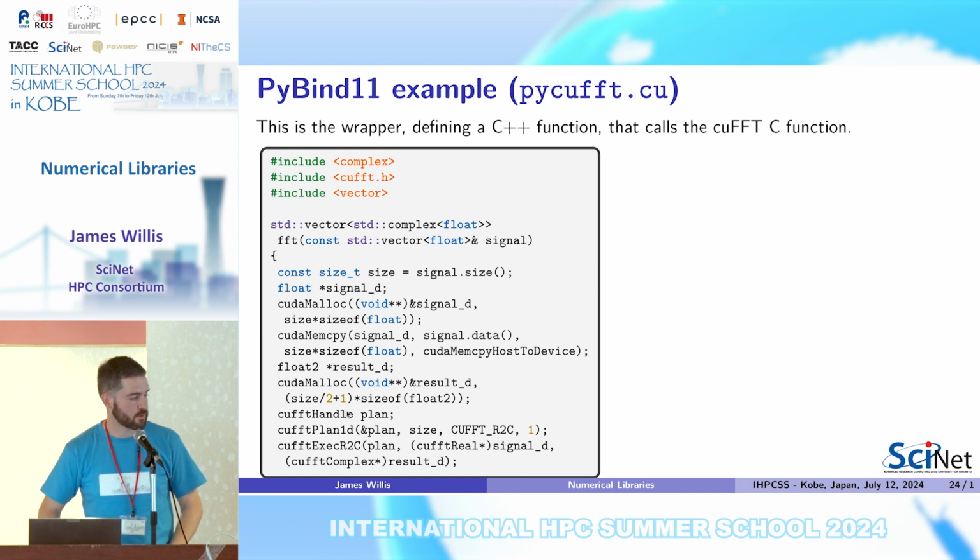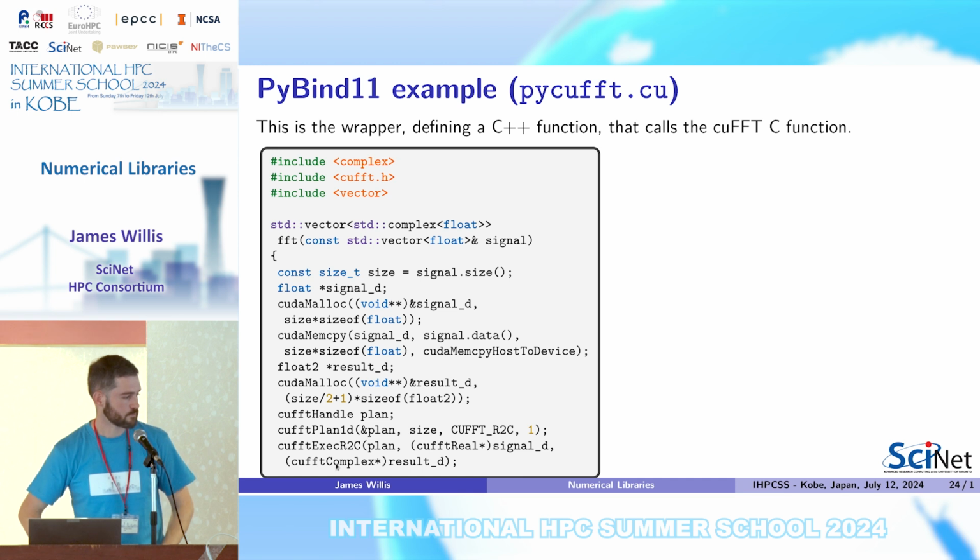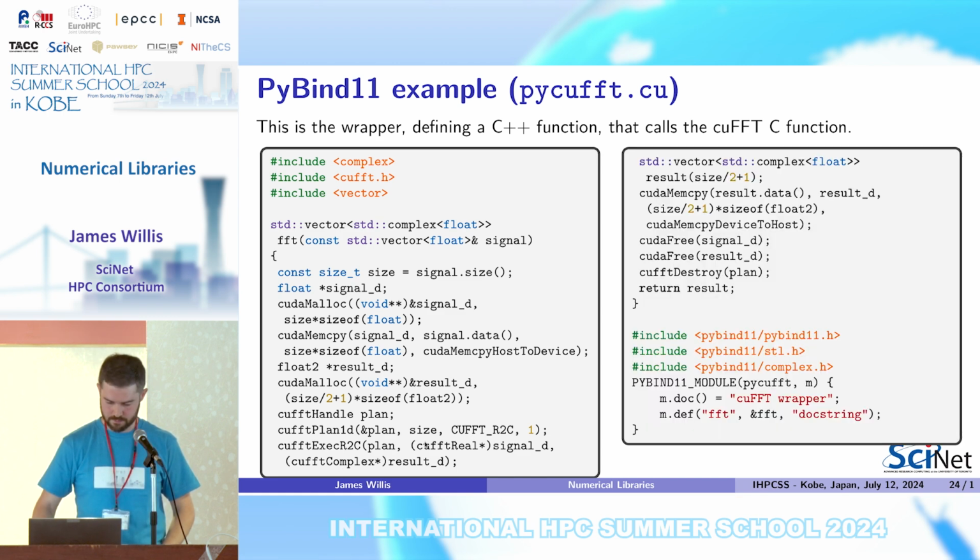And then we need to set up what's called a plan, which is the kernel that we want to execute on the GPU. And then we actually execute the plan on the GPU itself.